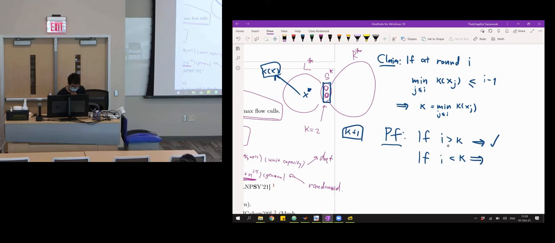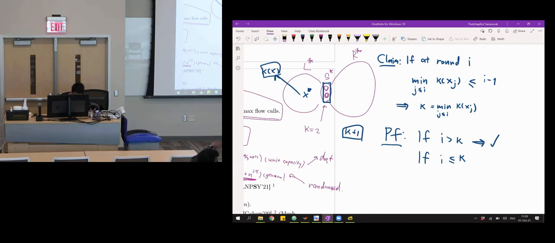It can, because we have vertices in S, and the cut between vertices in S can be anything. They can also be a minimum cut or not. But wait, that won't be valid, right? The minimum of kappa of xj, j at most I, won't be at most I minus 1. It would be kappa minus x minus 1, which is not possible.